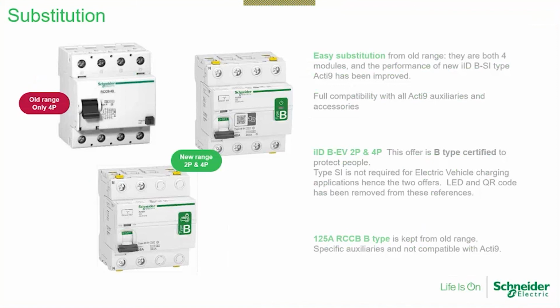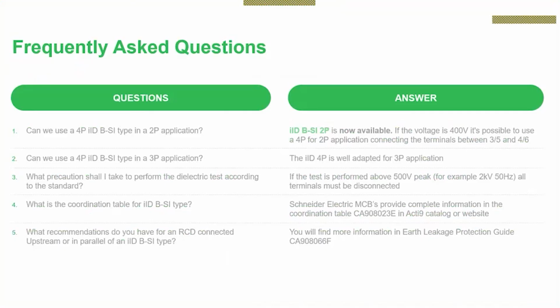Easy substitution from the old range. They're both 4 modules in width. The performance of any new BSI type is significantly improved upon the old offer. If you require devices in excess of 80 amps, we have retained our old 125 amp RCCB B-type that is still available.